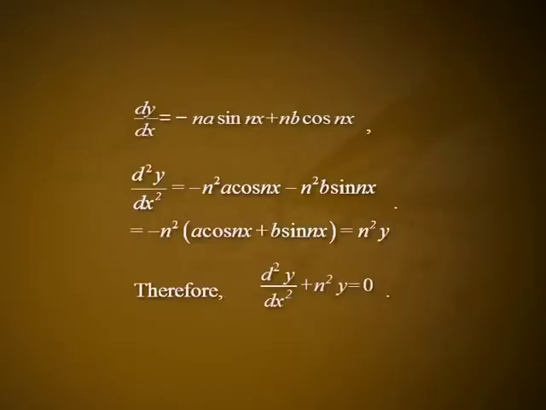Differentiating with respect to x twice in succession, we obtain dy by dx is equal to minus na sin nx plus nb cos nx. d square y by dx square is equal to minus n square a cos nx minus n square b sin nx, which is equal to minus n square into a cos nx plus b sin nx, which is equal to minus n square y. Therefore, d square y by dx square plus n square y is equal to 0.